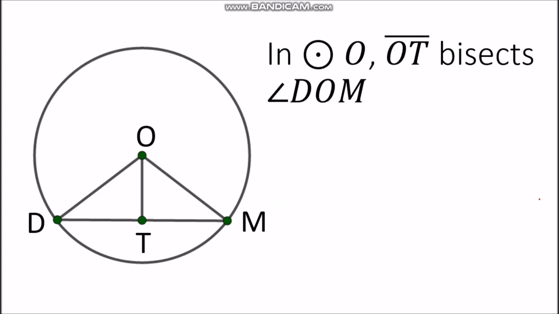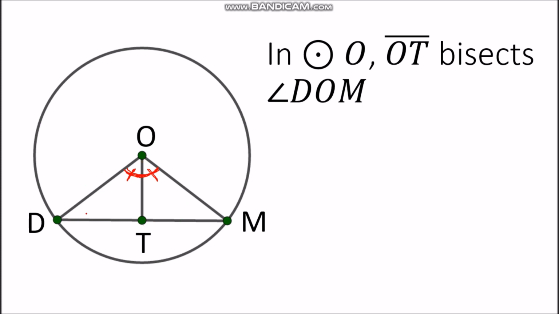To illustrate, let's use the same figure from a while ago. Here in circle O, we have segment OT, which bisects angle DOM, which is a central angle. There will be two congruent angles, which are angle DOT and angle MOT.